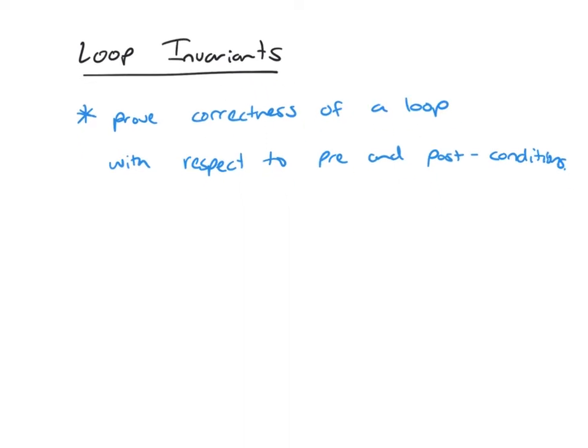So we're going to look at a while loop, and entry into this while loop is restricted by a condition G, which is called the guard.